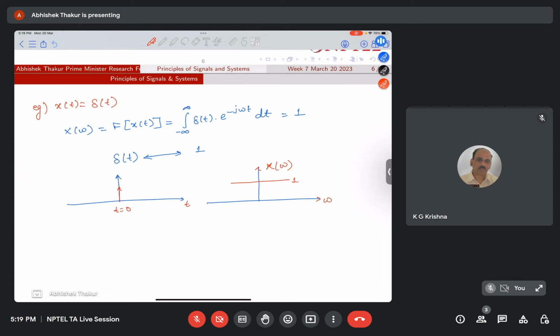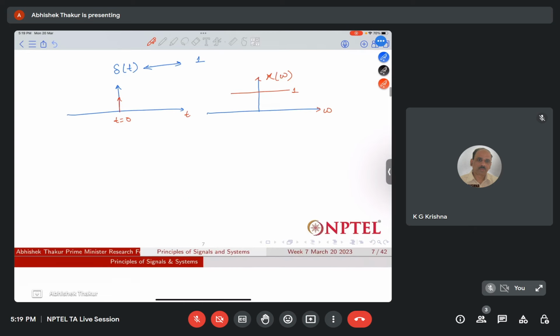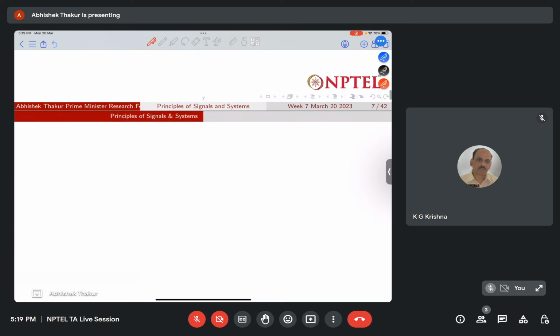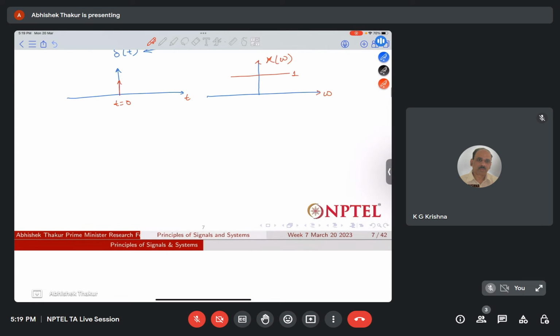Now we'll take some other examples. We can take the signum function, or we can take the rectangular function also.